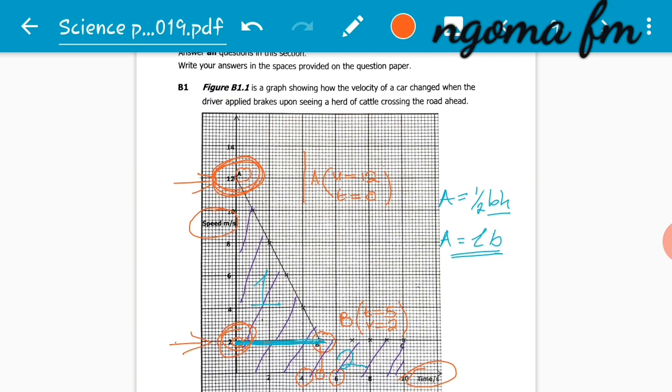So 12 minus 2 is our height, and this gives us 10. While the base is from 0, which is the starting point, to point B, which is 5. So it is 5 minus 0. So the base is 5, the height is 10 for the triangle. Then for the rectangle, so we have two things. B is equal to 5, h.